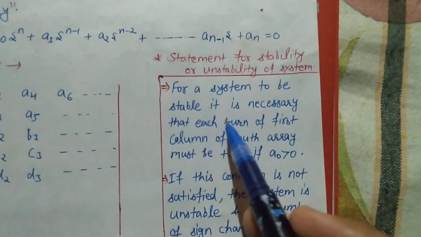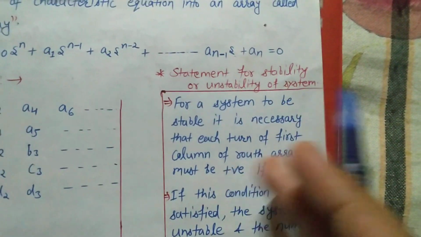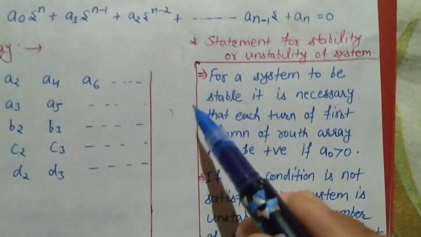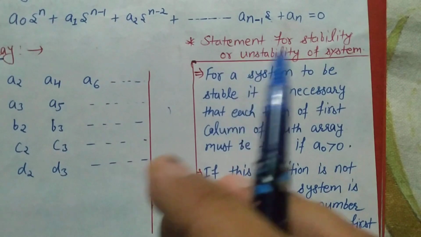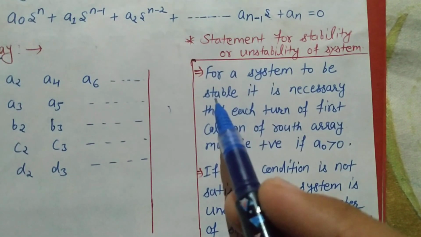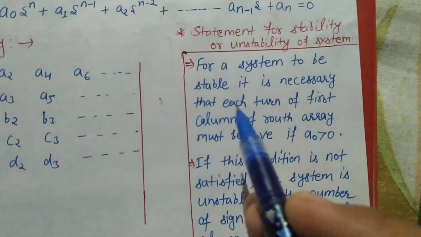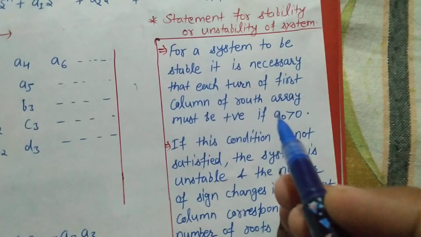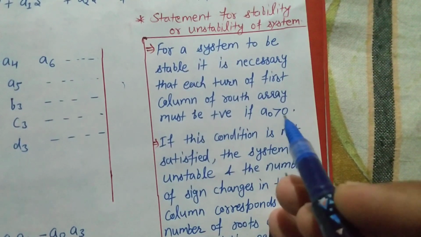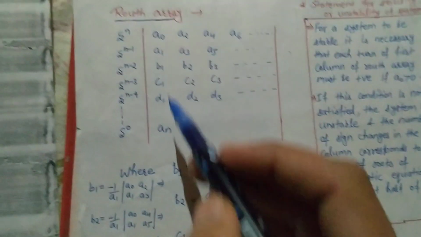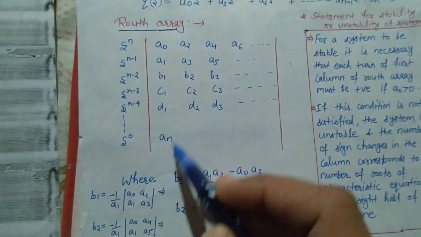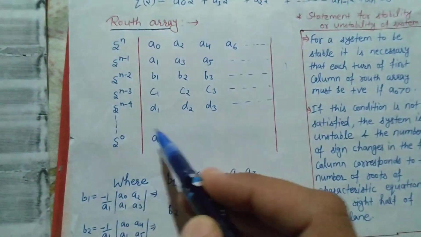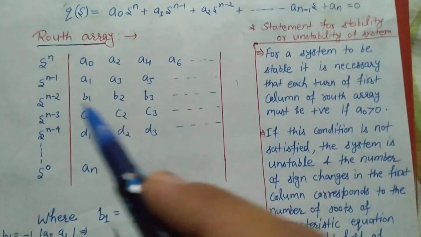What is the general statement for stability or instability of any system? If a system is stable, then there are some conditions. For a system to be stable, it is necessary that each term of the first column of the Routh array must be positive, and a0 greater than 0. It means the first column of the Routh array must be positive.